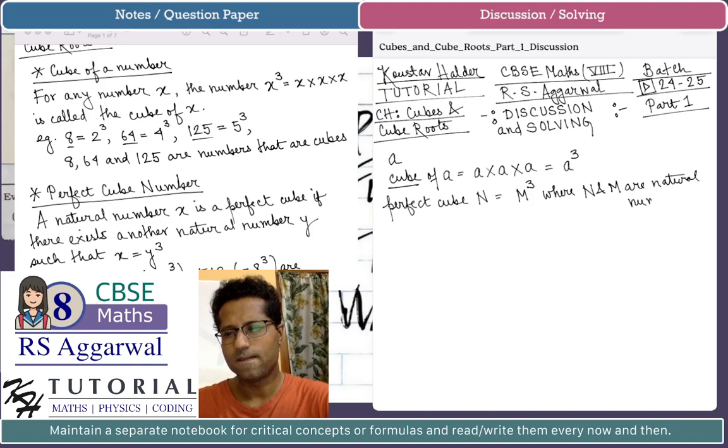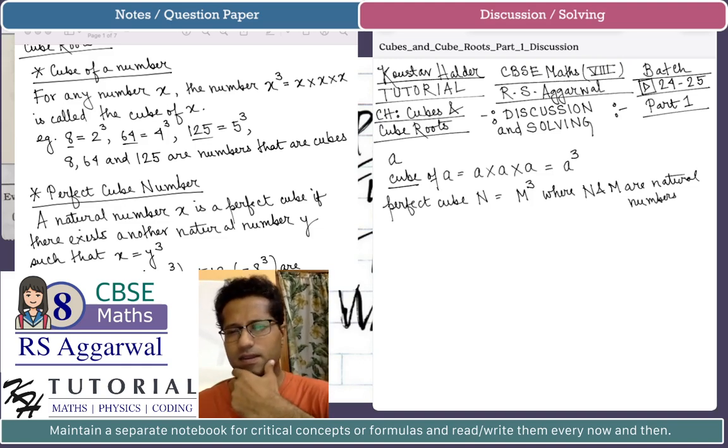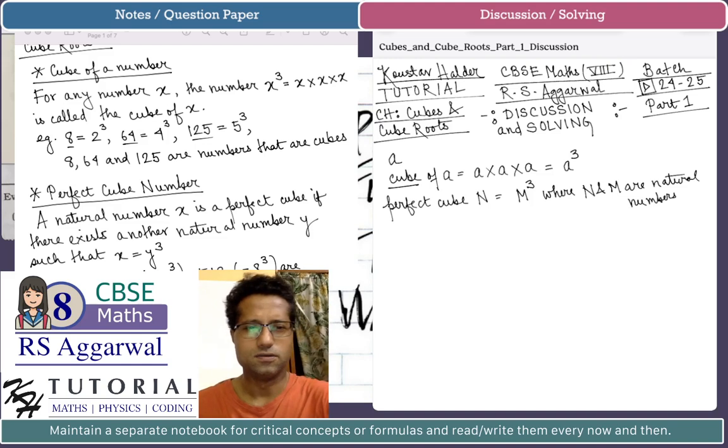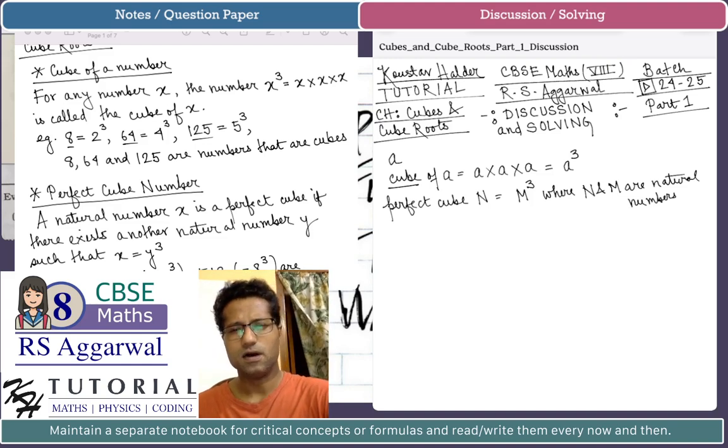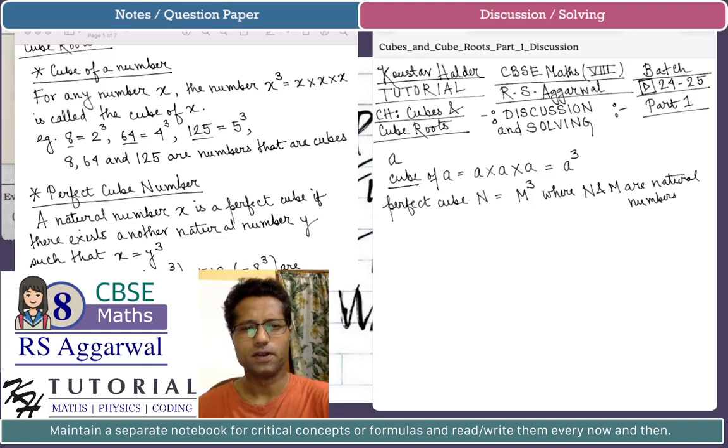So a natural number n is said to be a perfect cube if there exists another natural number m such that m cubed is equal to n. For examples of the concept that I am discussing, you can refer to my notes on the left hand side.